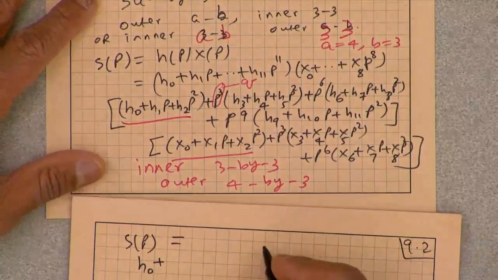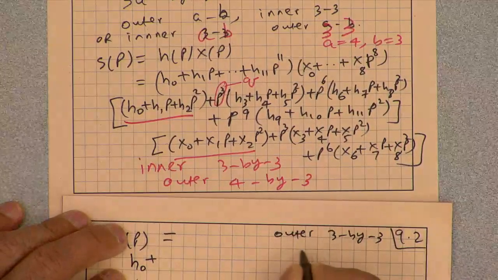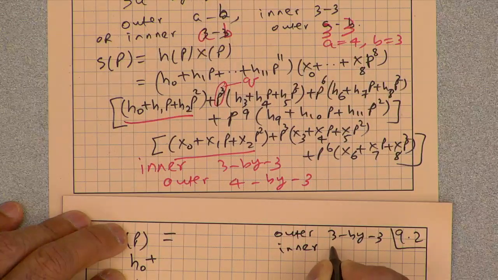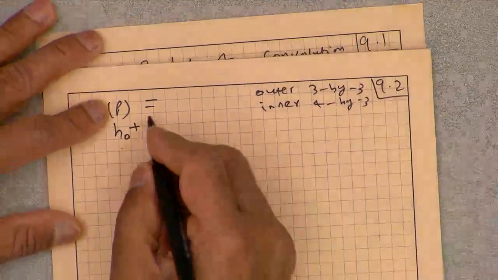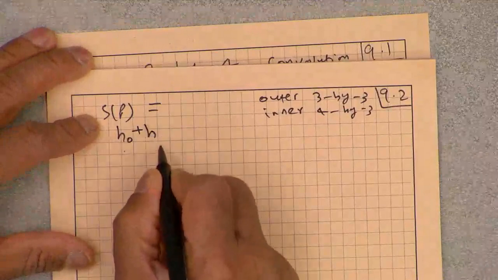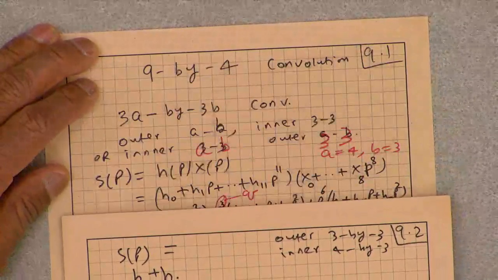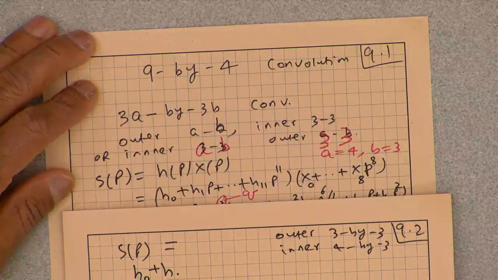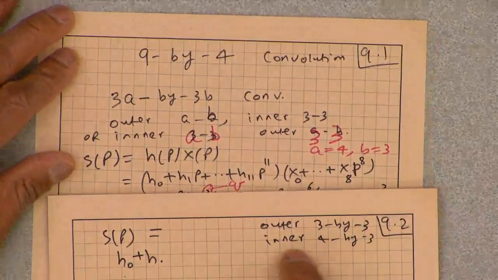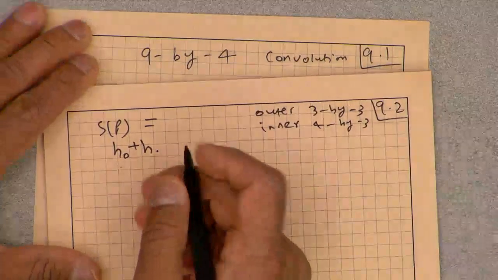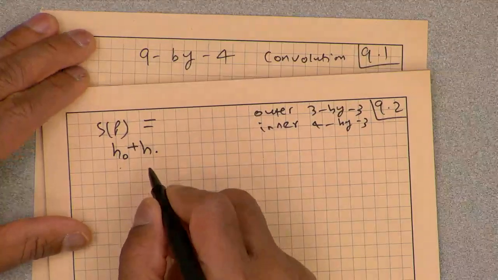So now we want outer 3 by 3, inner 4 by 3. That means I must describe this as 4 terms. H0 plus how many terms are here? 12 terms. There are 12 terms in H, and that has to be described in groups of 4. So there will be 3 groups of 4. Okay.